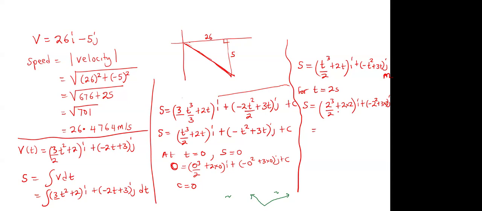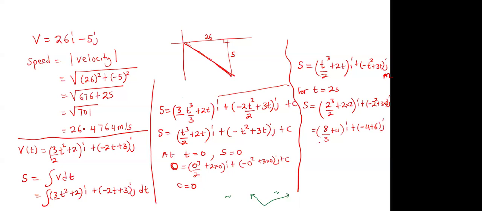Now, this one is going to give us 2 cubed, that is 2 times 2 times 2, which is 8 out of 3 plus 4, everything into i, plus negative 4 plus 6 j.